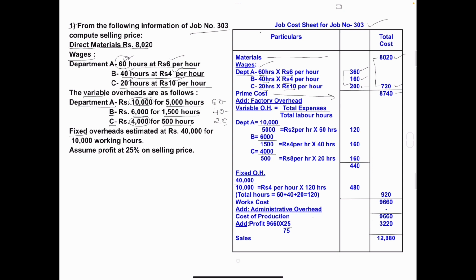Come to the solution part. Add factory overhead, in that variable overhead, and write the formula: total expenses divided by total labor hours.